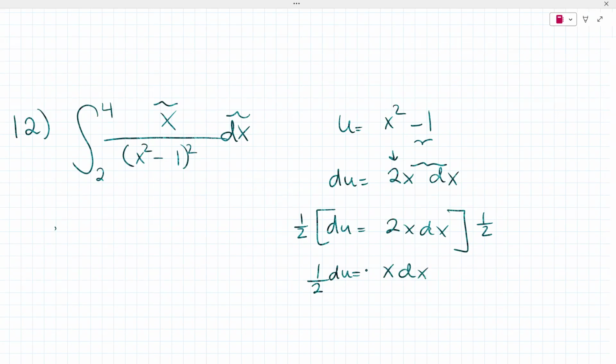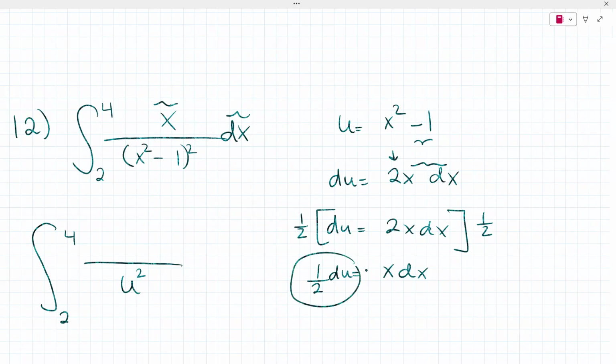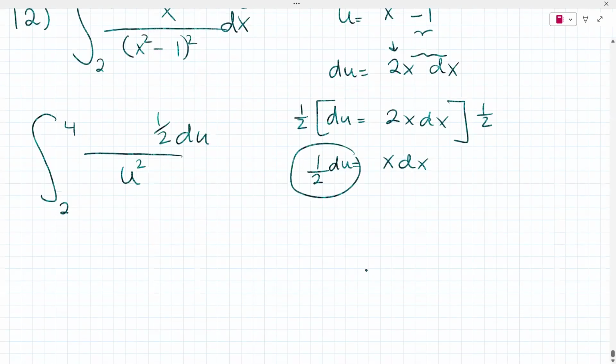So you're going to rewrite this problem as the integration from 2 to 4. You replace x squared minus 1 with u, and it still has the power of 2, so put 2. Do you see this x in the dx? You may replace it with 1/2 du. Then 1/2 is a constant, so you may take that out, and the limits are 2 and 4.